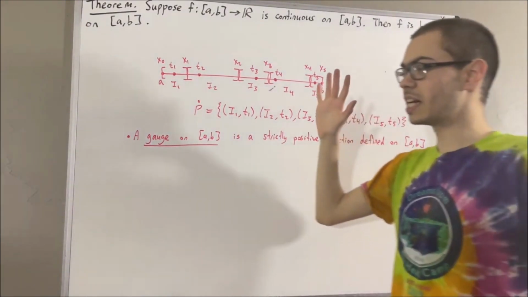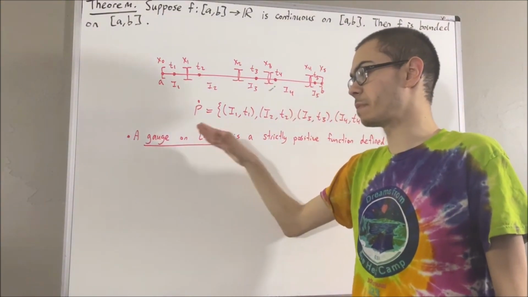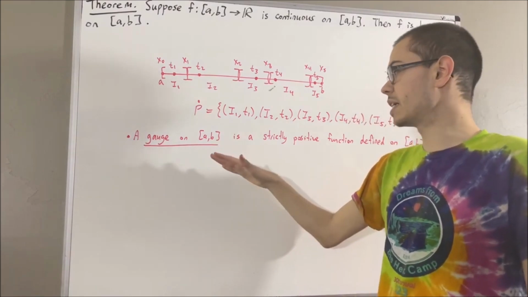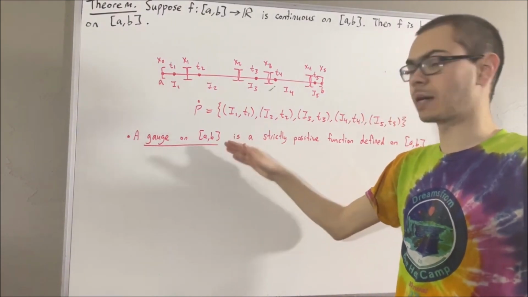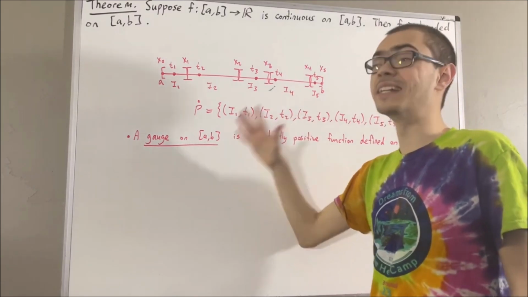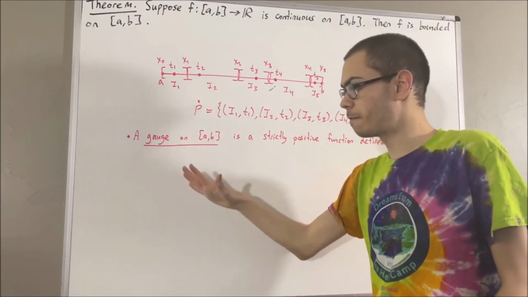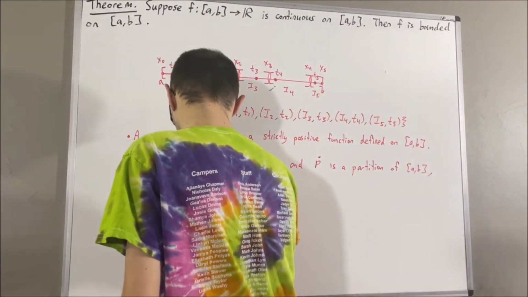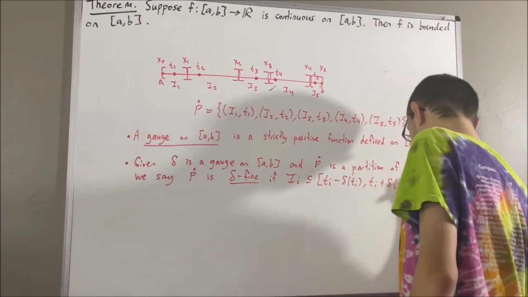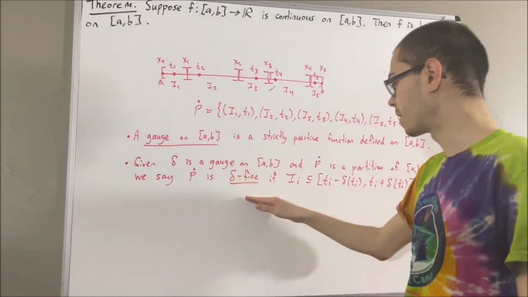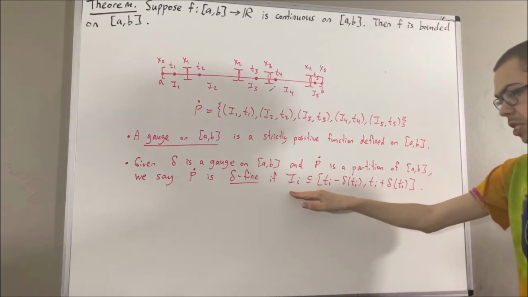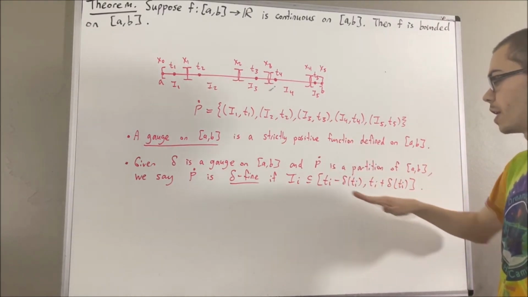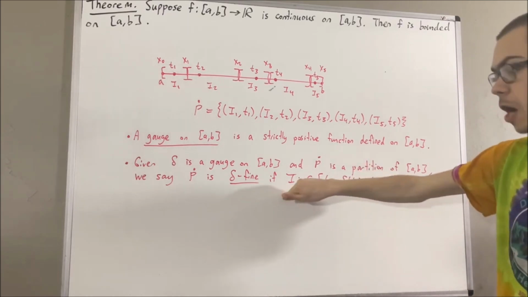Now, given that delta is a gauge function on [a, b], and given P is a tagged partition of [a, b], we say that P is delta fine if the following is true. We say P is delta fine if each subinterval of the partition is a subset of this interval. And this is an interval centered at the tag of the subinterval.